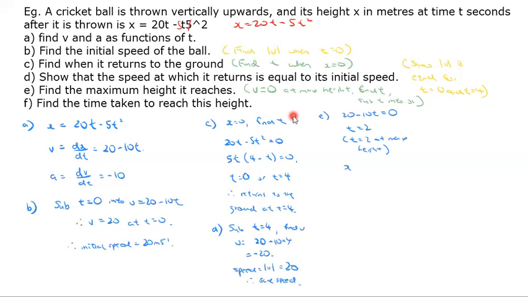And then x must equal 20 times 2 minus 5 times 2 squared, which is 40 minus 20, which is 20 meters. So 20 meters is the max height. And we've actually already done F. Great. Any questions with that? No? Good.